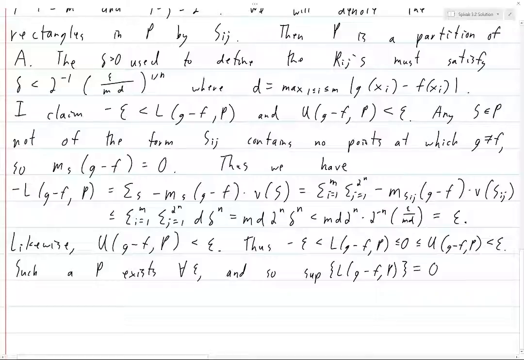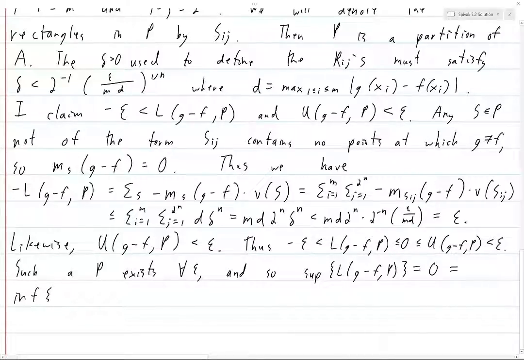And likewise, by choosing a fine enough partition P, you can get U of G minus F, P to be as close to 0 as you want, and it will never be below 0, and so if you take the infimum, you'll get precisely 0.